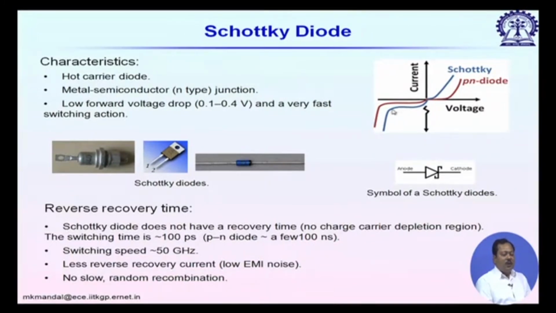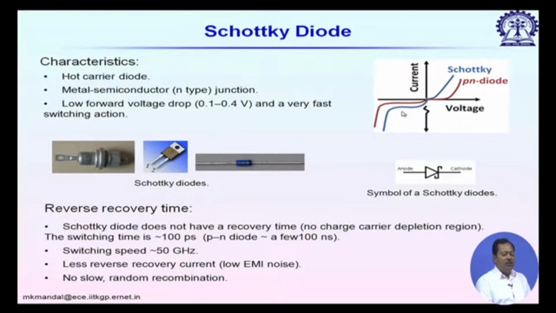So, this breakdown voltage in reverse biased condition depends on the type of semiconductor material we are using, and it is also related to the cut in voltage of this Schottky diode in forward bias condition. So, Schottky diode with lower cut in voltage will have higher reverse saturation current also.